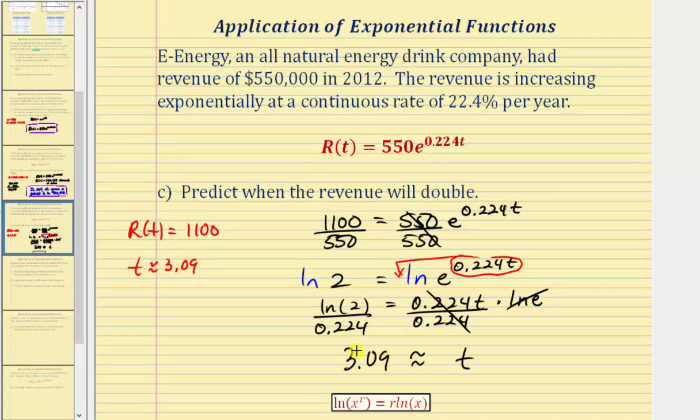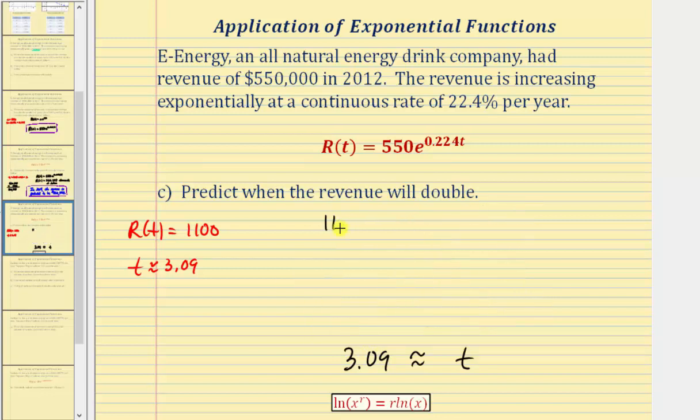Now that we know the revenue is going to double approximately 3.09 years after 2012, let's interpret what year this would be. If we consider the year when t equals 3, that would be the year 2012 plus 3, which equals 2015. But it's important to recognize that when t equals 3 and we get the year 2015, this is the end of the year of 2015.